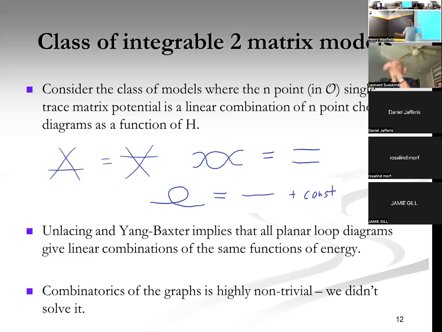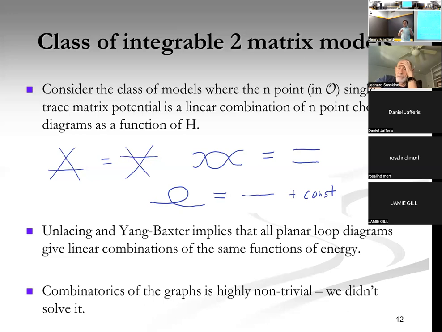That defines an infinite class of models that depend on these coefficients. But that whole class is integrable in this sense, meaning that if I evaluate arbitrary loop diagrams, the amplitudes I get are the same functions of energy as appeared in the matrix potential.